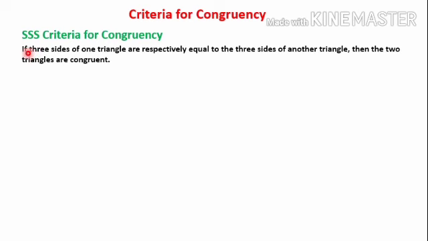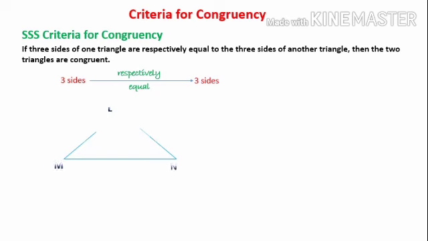In short, three sides of one triangle must be respectively equal to three sides of another triangle.